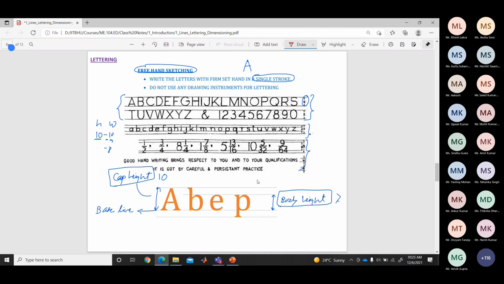Sir, the line above the bar line, what is the name for it? This one is the ascender. Sir, below it? This one is the descender. Ascender, descender.